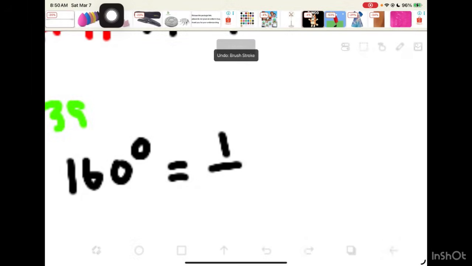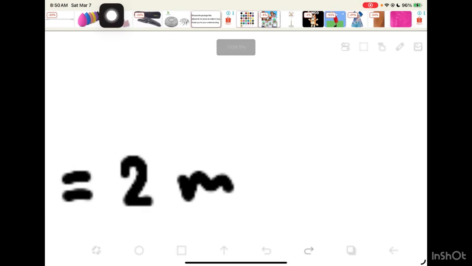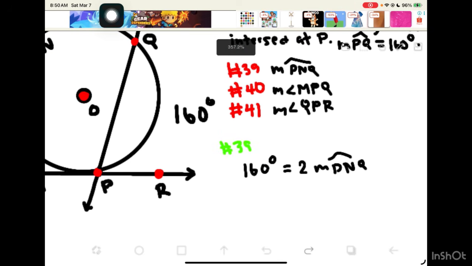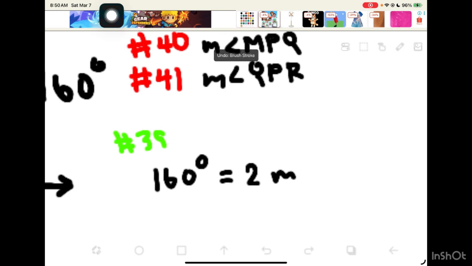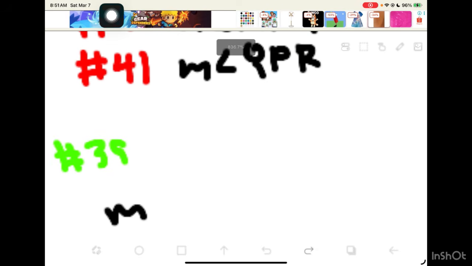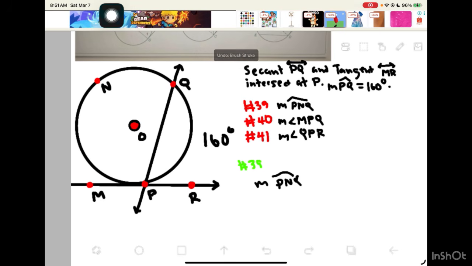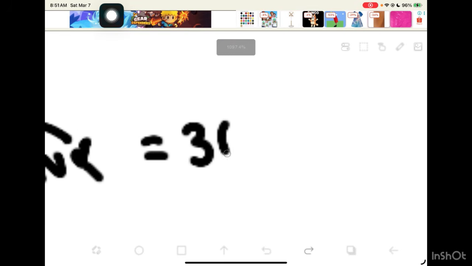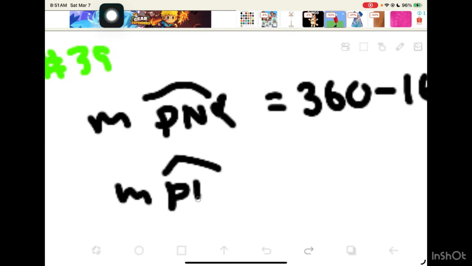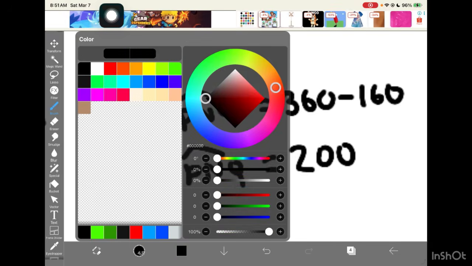No, wait, we're solving the wrong thing. Arc MPQ first. So we have 160 here, which means to complete the circle is equal to 360 minus 160, which means arc MPQ is equal to 200. That's the answer.